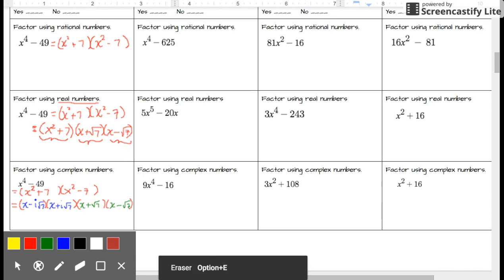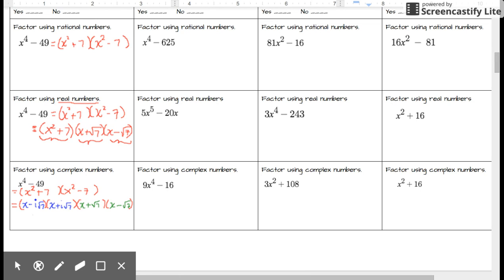And then we're done factoring. So we notice that there are 4 factors. 2 of them are imaginary, and 2 are using irrational numbers. So they're all part of the set of complex numbers.